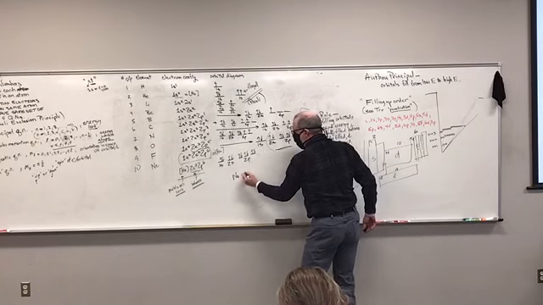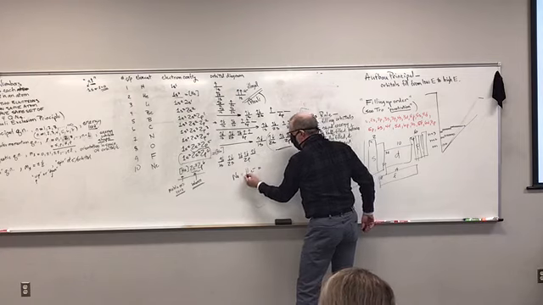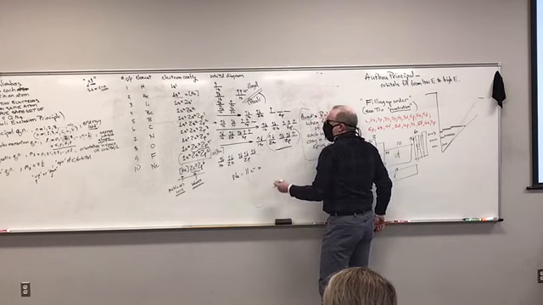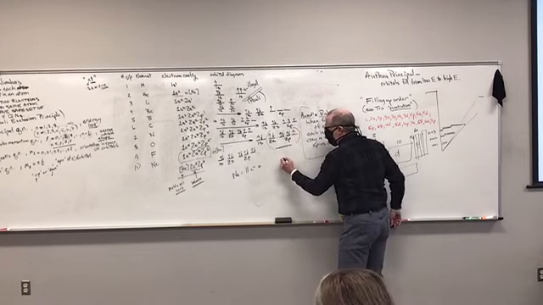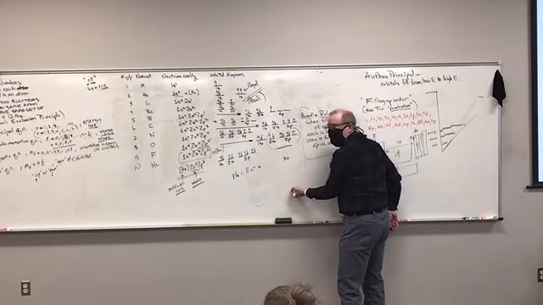How many electrons does sodium have? 11. So element number 11 has 11 electrons, okay? Where is it in the periodic table? It's in the third row. It's in the S block.